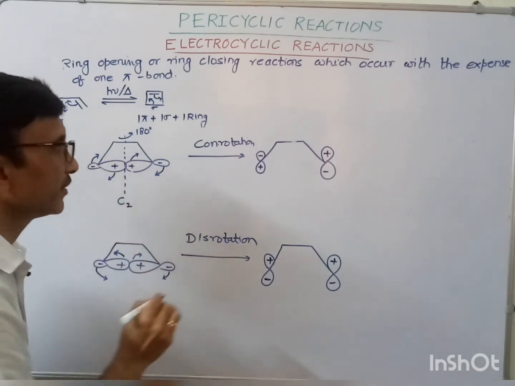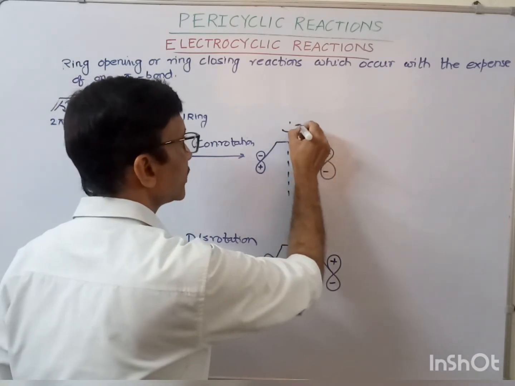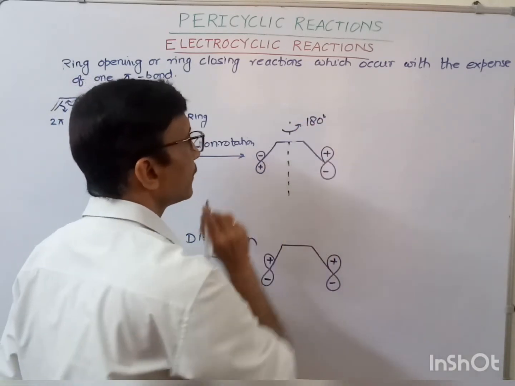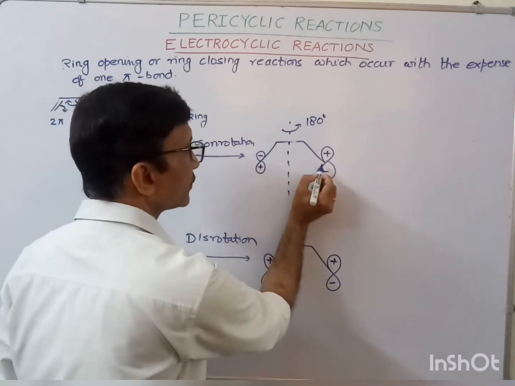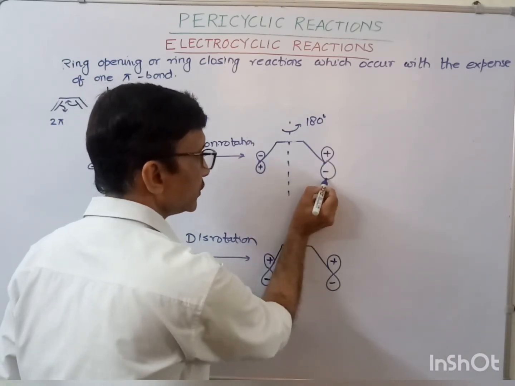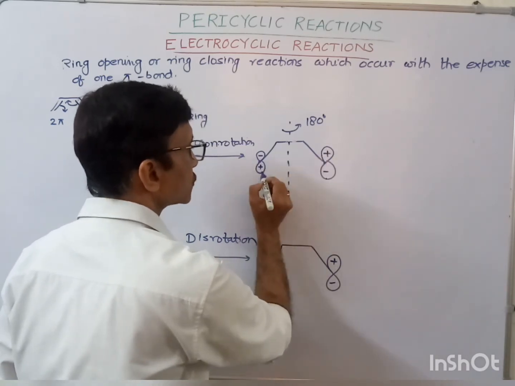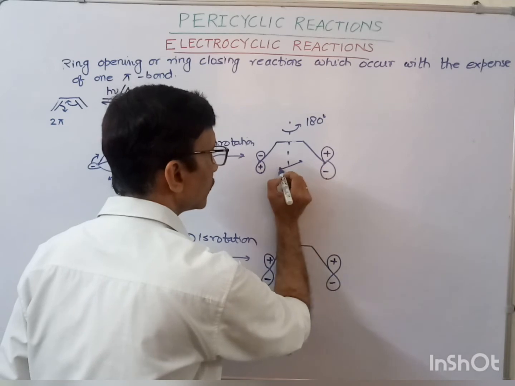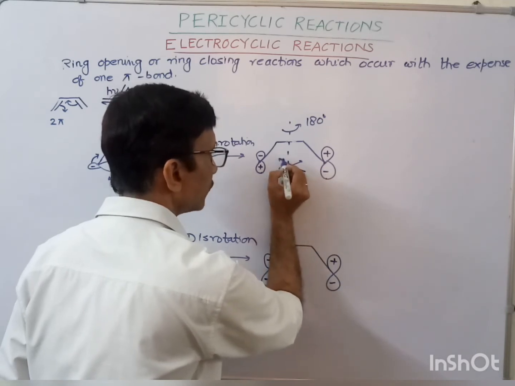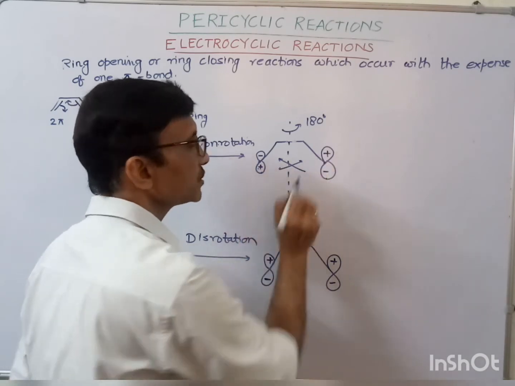Now let's see here whether it has C2 symmetry. Rotate it by 180 degrees, and what will happen after rotation? This point will come over here and this point will come over here. This lobe will go over here and this lobe will go over here. Means at minus, plus is coming, at plus, minus is coming.